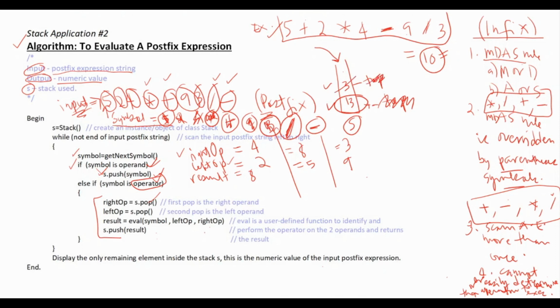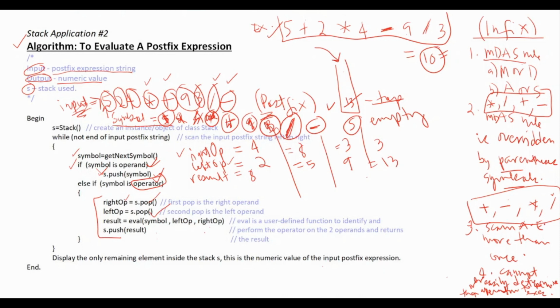So the right operand now is equal to 3, and this is removed from the stack. 13 now is the new top. And then second pop, this is removed. So the stack now is empty. And the left operand is equal to 13.